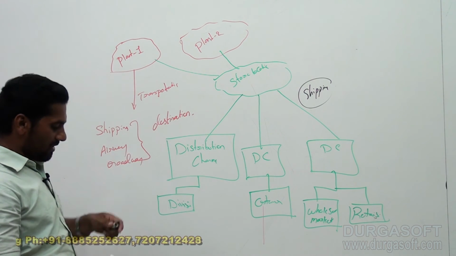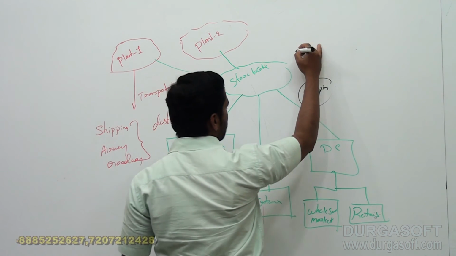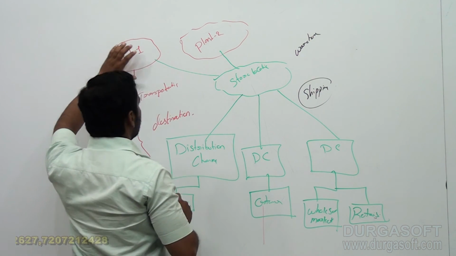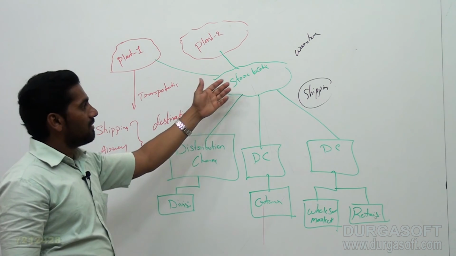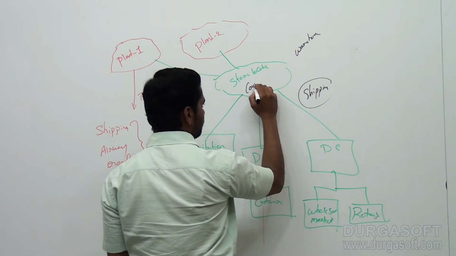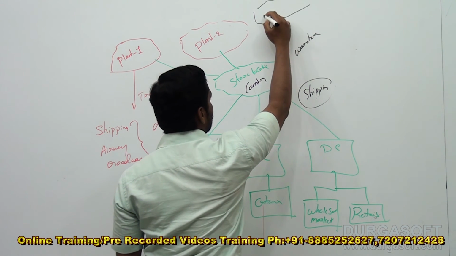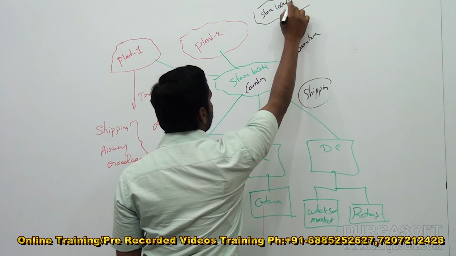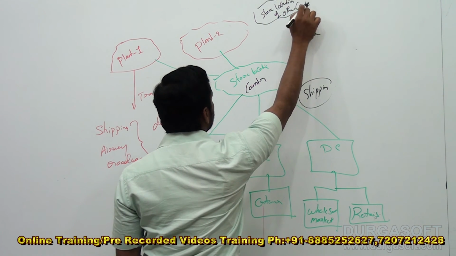Once the product is ready in the plant, it will go to the store location, which we simply call a warehouse. From here we can send it in different ways to the store location, and this store location we can send to this here. It may be one location, it will be one country. So a plant may have multiple store locations in other countries.